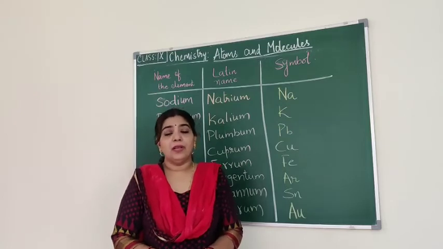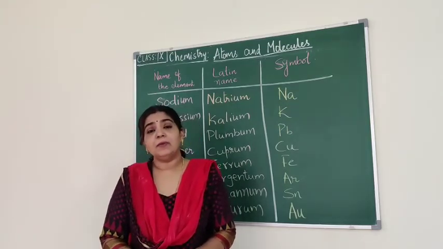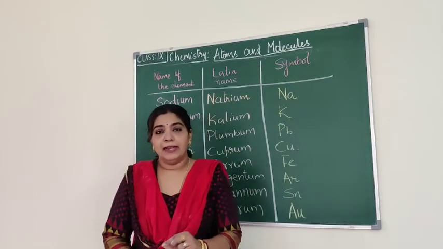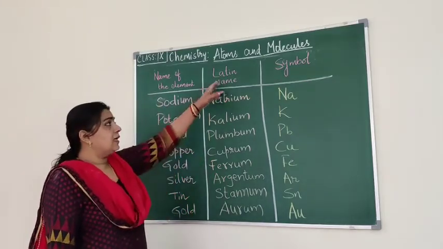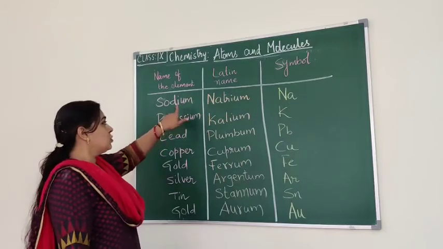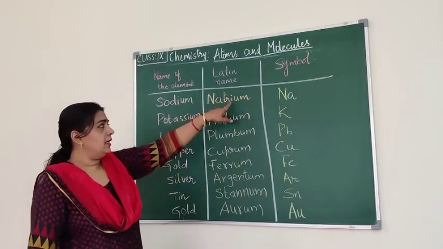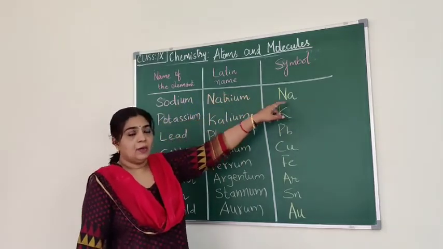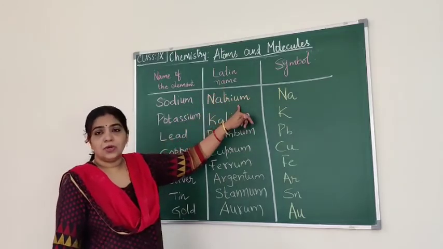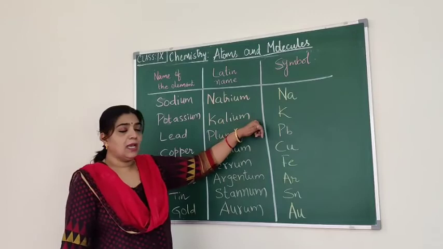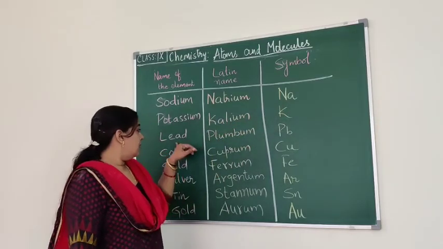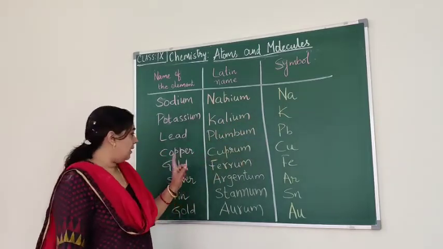And there are a few elements for which the names have been taken from Latin. So let us see those elements, the Latin name and symbol. Sodium gets the symbol Na because in Latin it is called natrium. Potassium is kalium, K. Lead, plumbum, Pb.